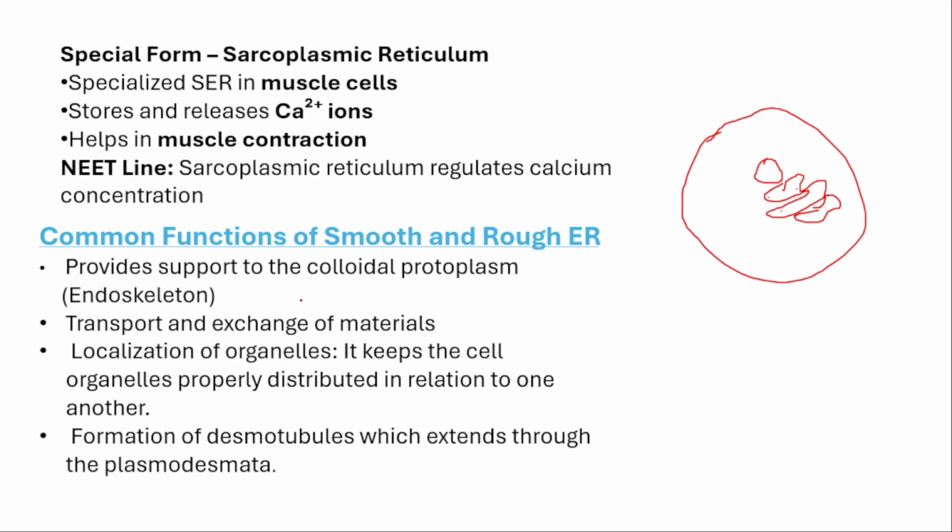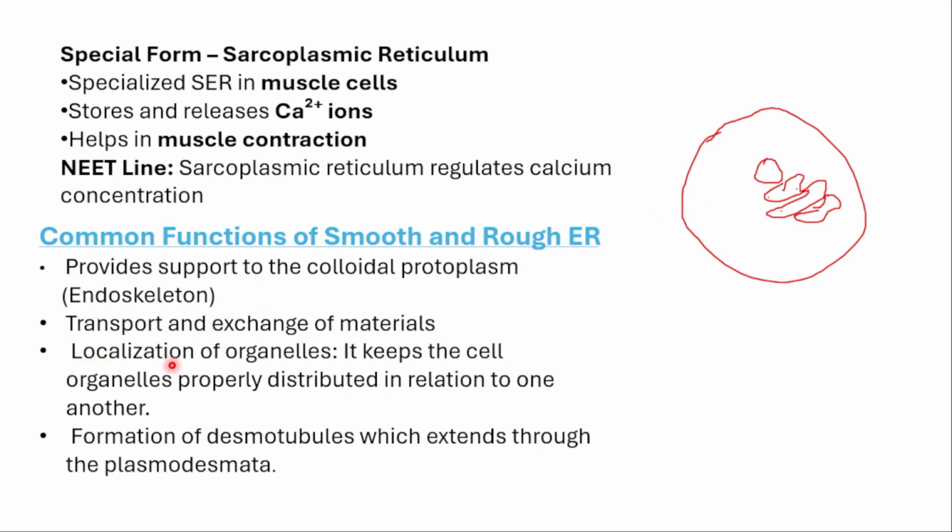Transport and exchange of material: whatever is produced inside the nucleus or inside the ER is going to be transported out, and whatever outside material is there is going to be imported. So that's the exchange of materials, the word is used.